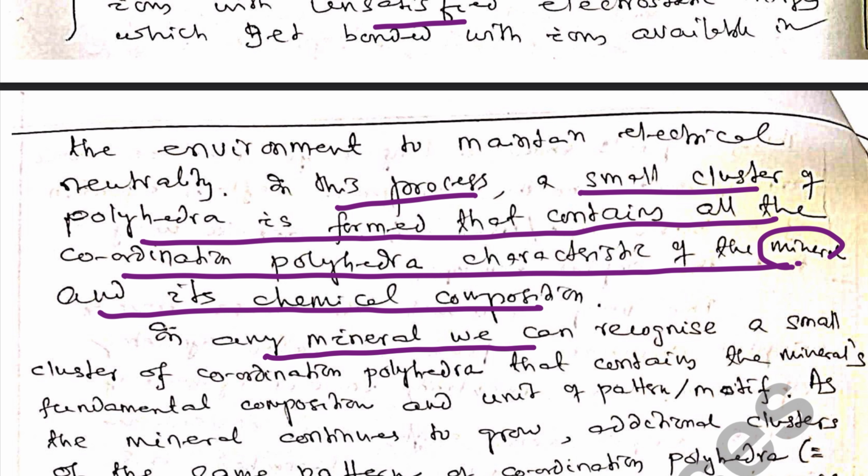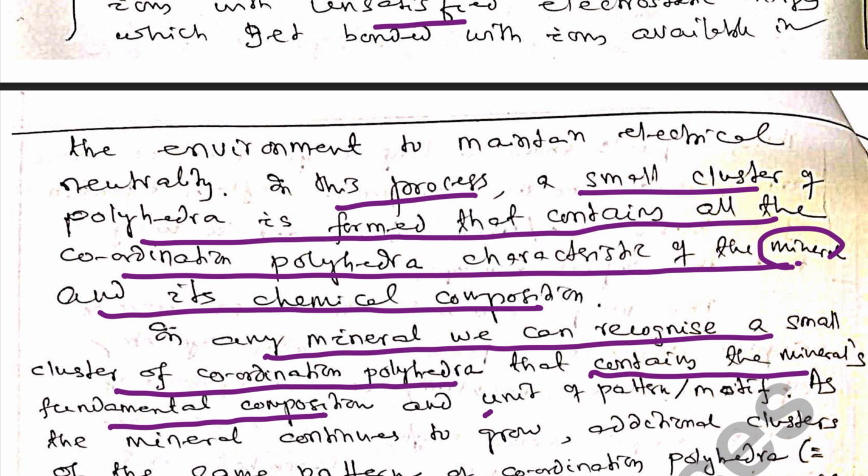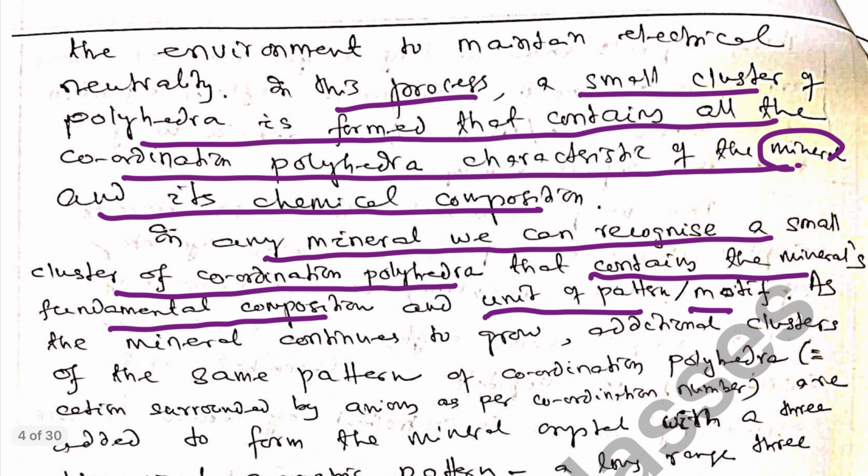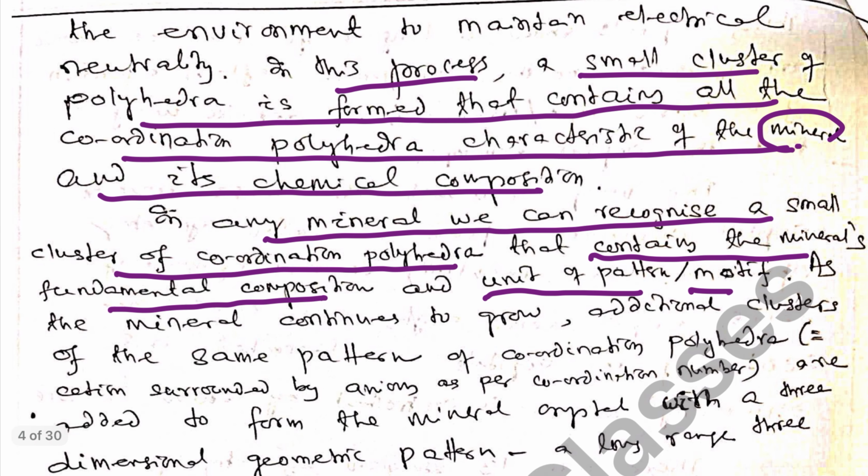In any mineral, we can recognize a small cluster of coordination polyhedra that contains the mineral's fundamental composition and unit of pattern, or motif. It will contain some molecules and their arrangement in a definite pattern, which you can say is a unit cell.